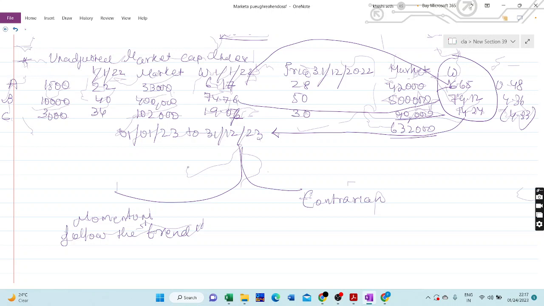So basically, what do you do in a momentum strategy? What a trader would do in a momentum strategy is that he will buy stocks whose prices have increased, expecting that the current uptrend shall continue in the future. Please note this down.